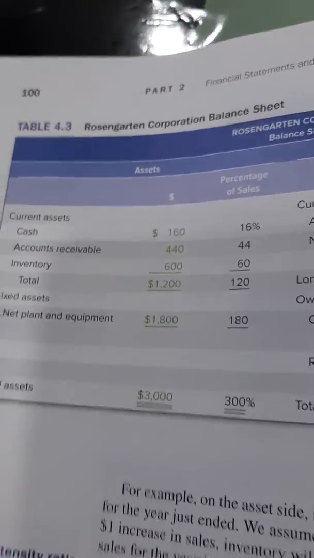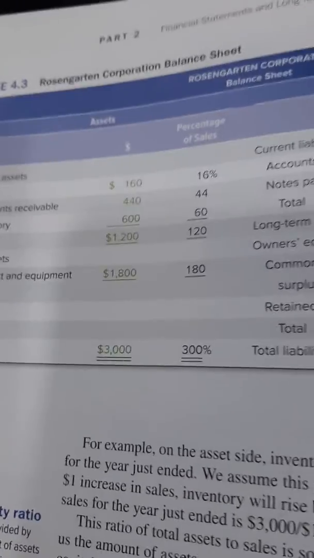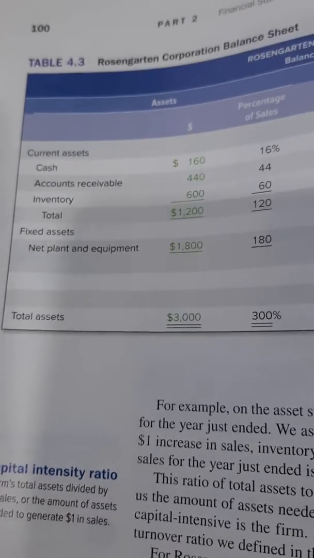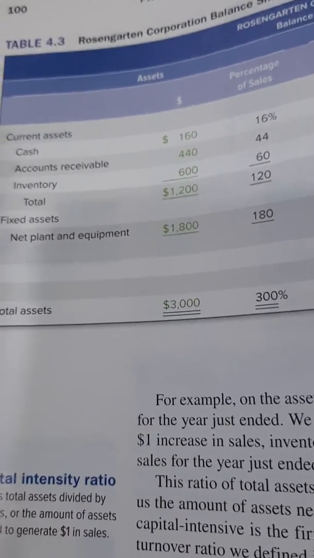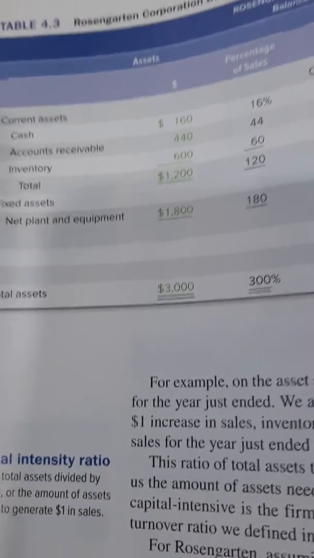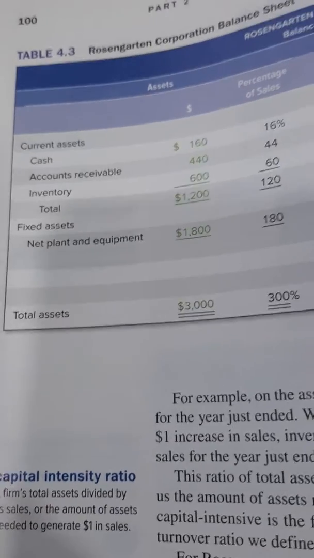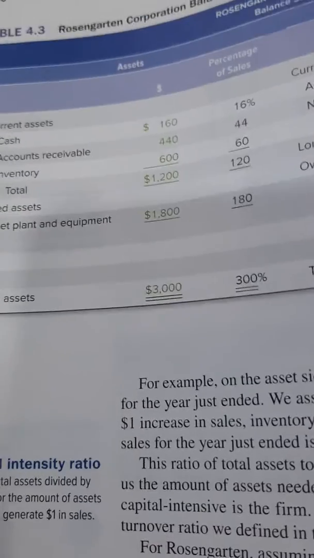As I mentioned earlier, some of the balance sheet items will increase accordingly. For example, here we have items in the balance sheet: cash, accounts receivable, and inventory. Each item will increase by the same percentage, 25%.